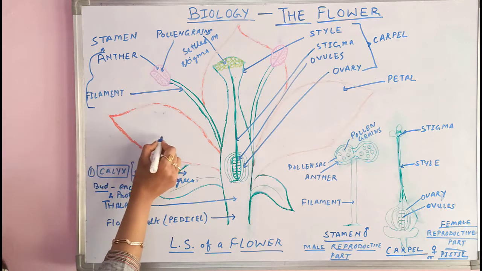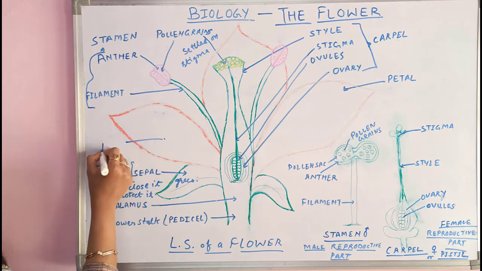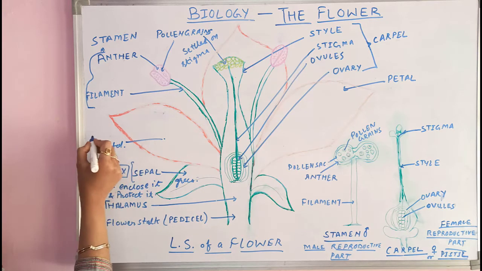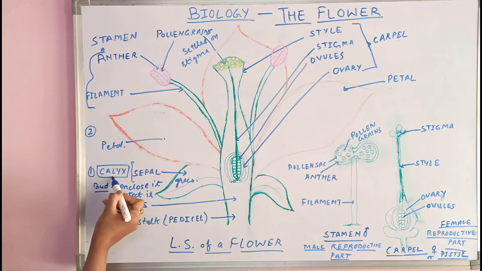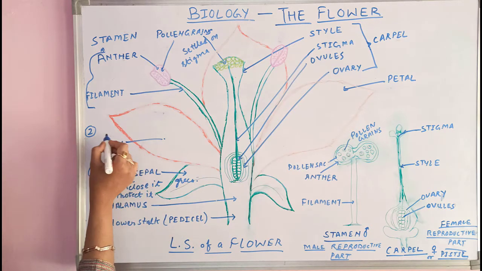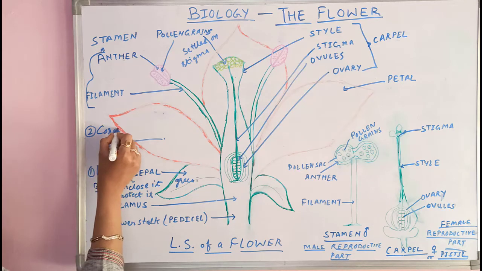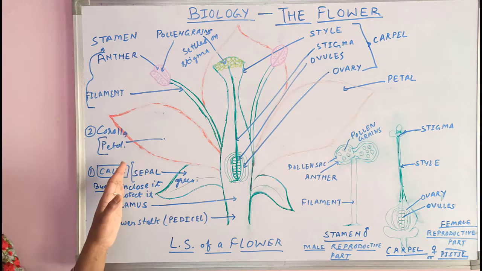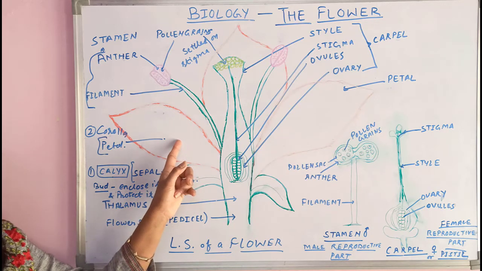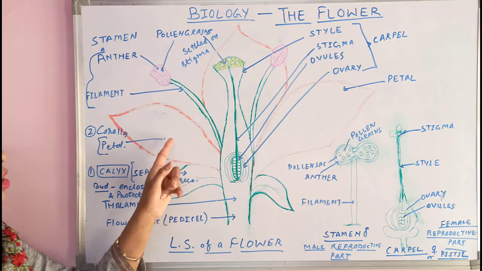The second one is petal. Petals form the second whorl. The whorl made by sepals is called the calyx, and the whorl made by petals is called the corolla. This one is the corolla, the second whorl. Corolla forms the second inner whorl. It is made up of structures called petals.